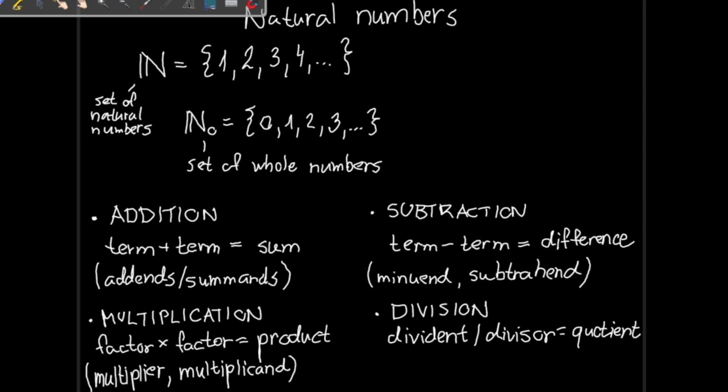Alternately, these two are called numerator and denominator. The quotient is sometimes also called a fraction or ratio.